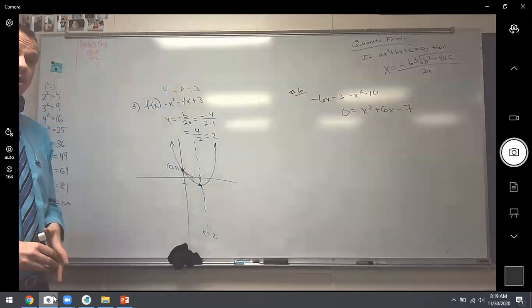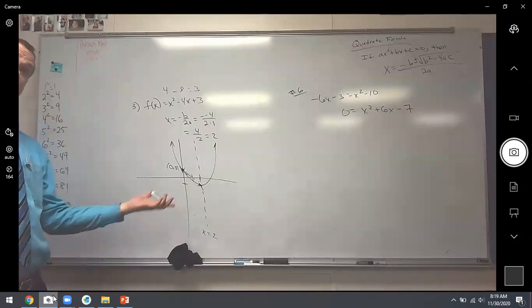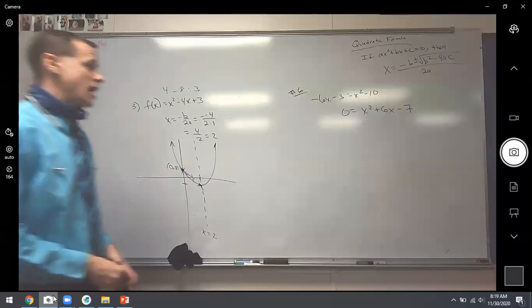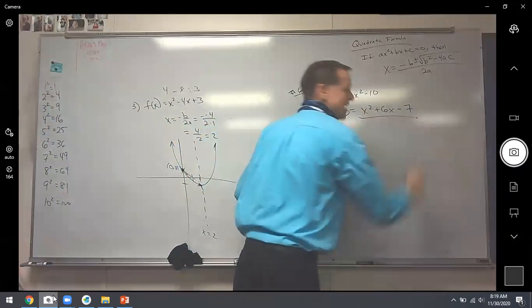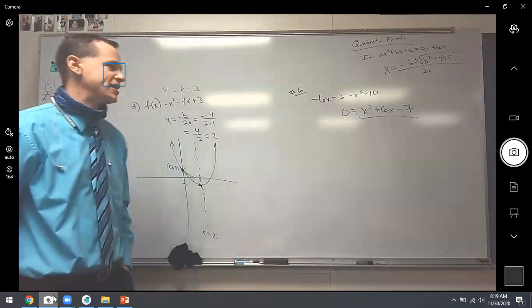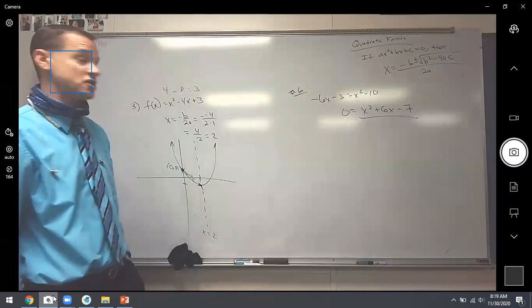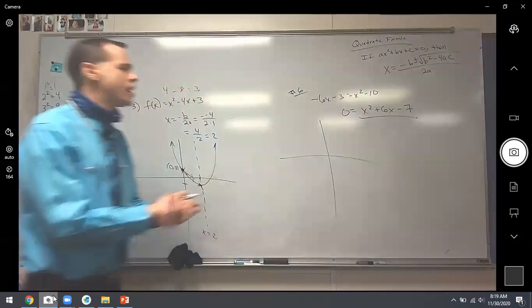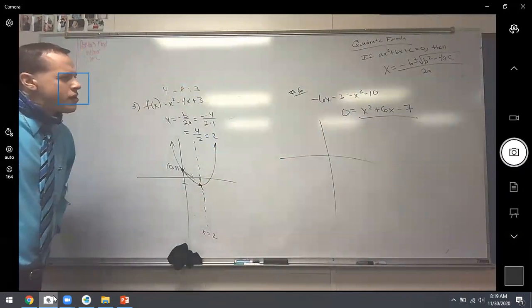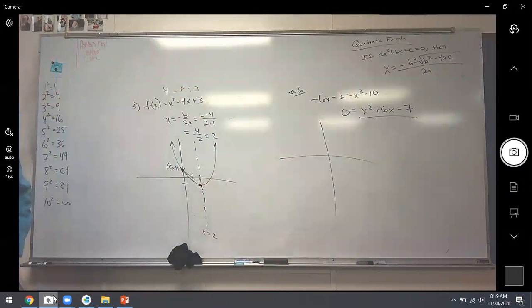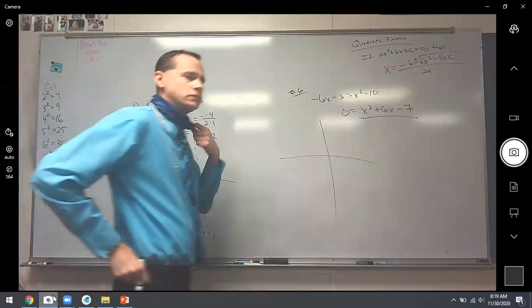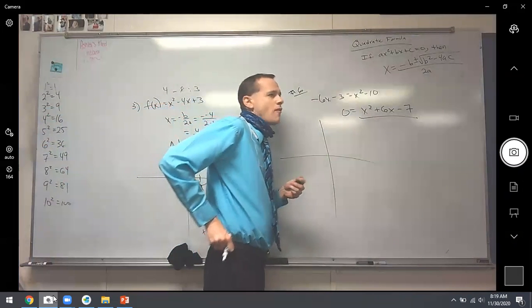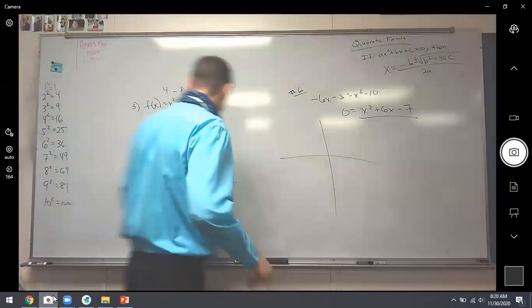And now you need to go graph it. That's the whole point of this thing. Get your calculator out. And remember, you're just graphing that. You just want to see that thing and see where it crosses the axis. Where does it equal 0? Ew.